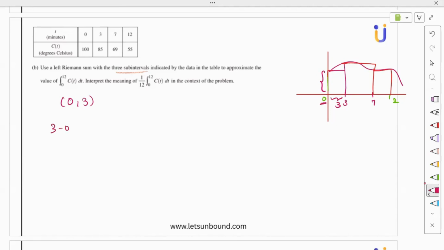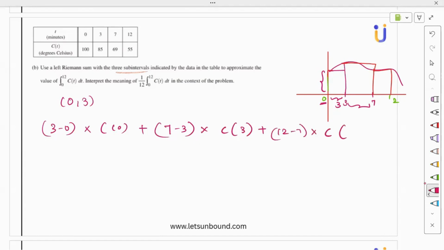So 3 minus 0 times C of 0 is the first rectangle, plus the next width, 7 minus 3, this gap, times C of 3. Then plus the next, 12 minus 7 times C of 7. Because it's a left sum, I consider these left points for the heights.